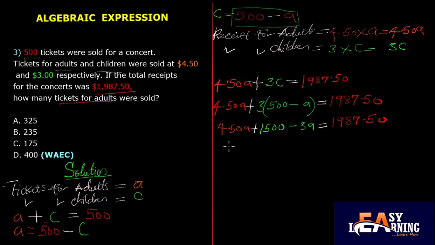And if you are doing that, this is what we're going to have now. You have $4.50A. This will move down. That becomes minus 3A.